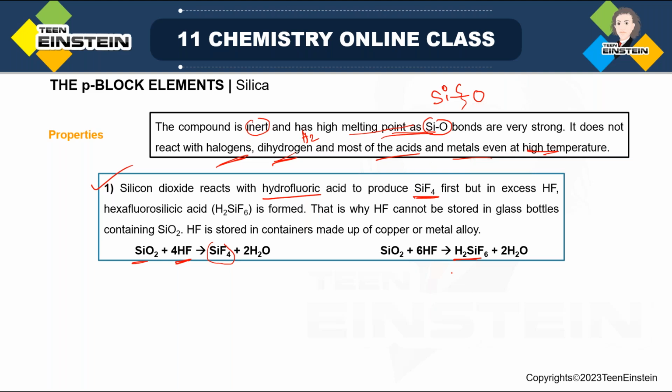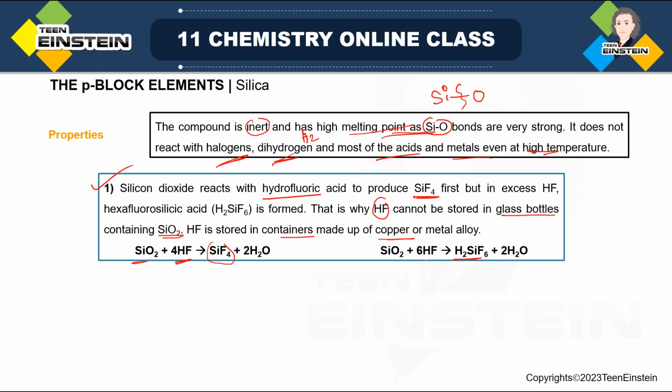So it is either SiF4 or H2SiF6. Because of this particular reaction, HF acid cannot be stored in glass bottles, because glass contains SiO2. And how is this acid stored? HF is stored in containers made of metal alloy or copper.